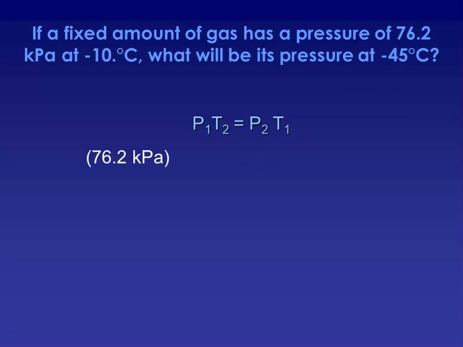P1 would be the initial pressure, 76.2 kPa. T2 would be that negative 45 degrees Celsius converted to Kelvin by adding 273, 228 Kelvin. P2 is what we're looking for, and T1 would be our initial temperature converted to Kelvin, 263.